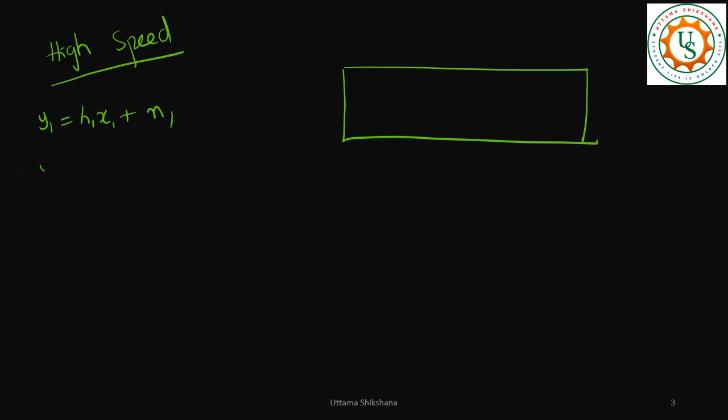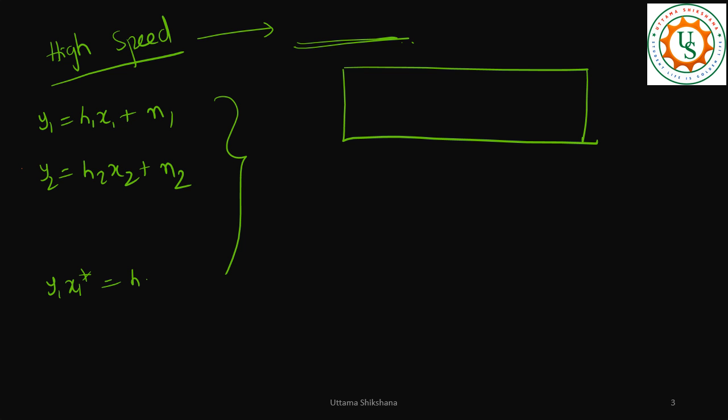Then y2 is also different, because at high speed we will have Doppler effects, and because of which we may not have the same channel across the subcarriers. If we take the first equation, y1 x1 star = h1 + n1 x1 star, right? So we have this error.